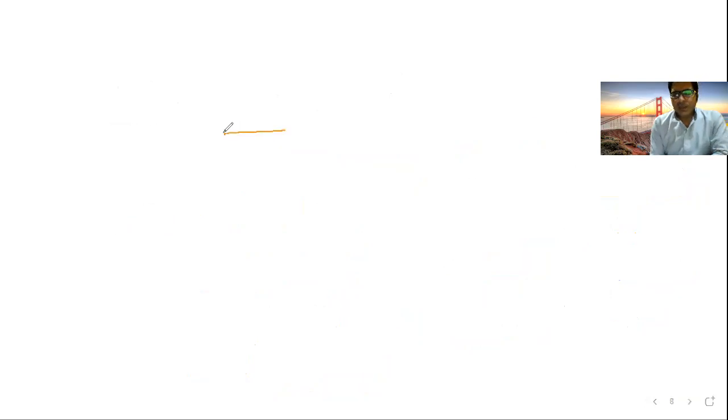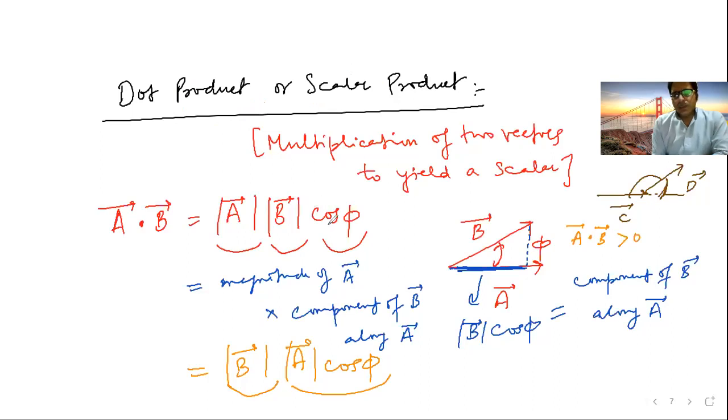If the angle between A and B is greater than 90 degrees, like this is my phi, then in this case A dot B will be negative, right? Because cos of an obtuse angle is negative, so this product will be negative.